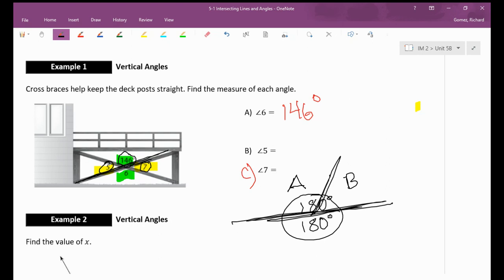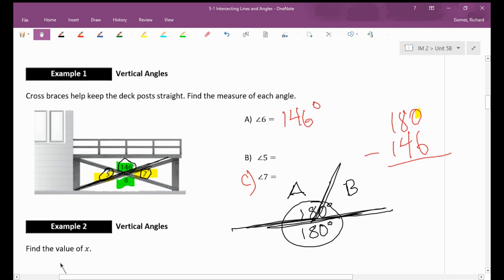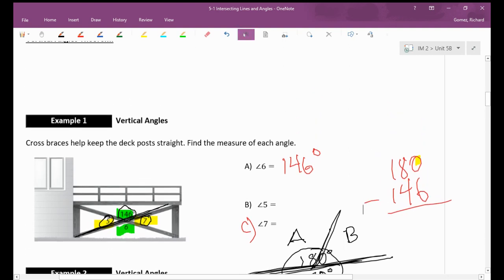Okay, so knowing that, we can just subtract 180 degrees minus 146. So that's pretty much it. You can use any kind of math you want. Calculator, I'm just going to show you here. Old school math, that gives us 34 degrees.